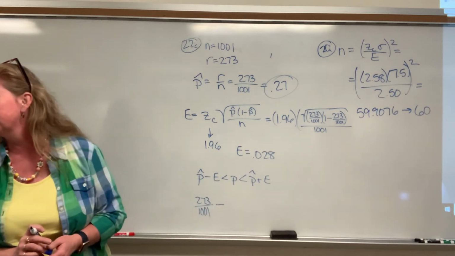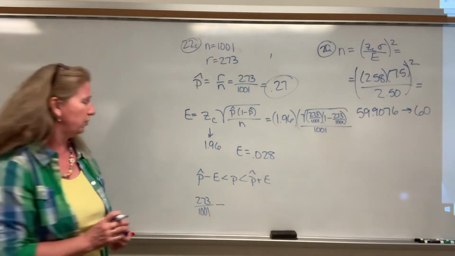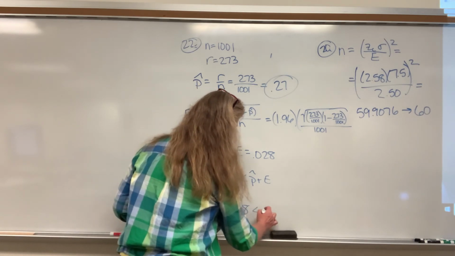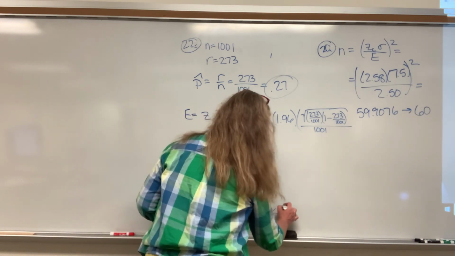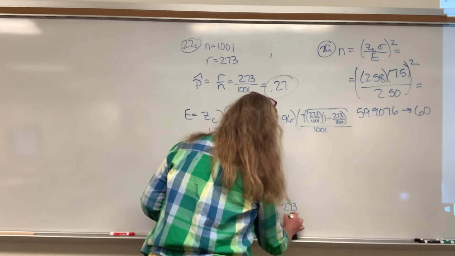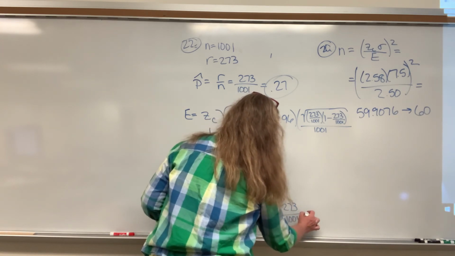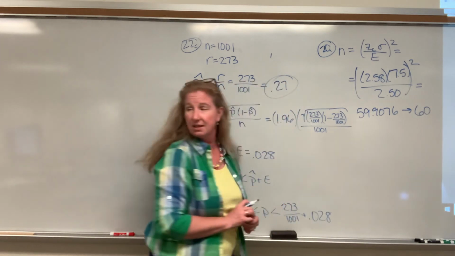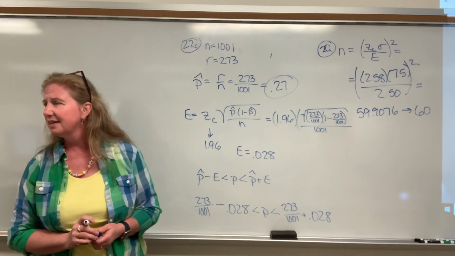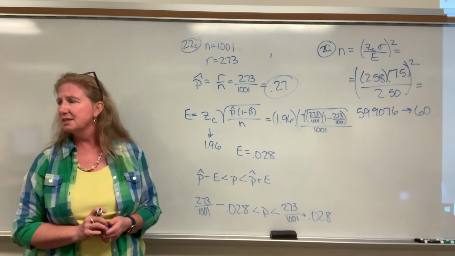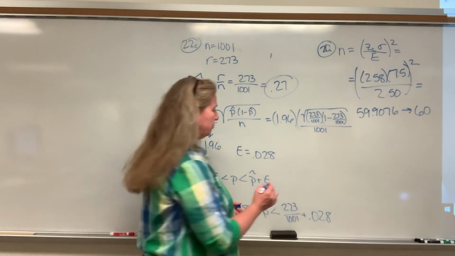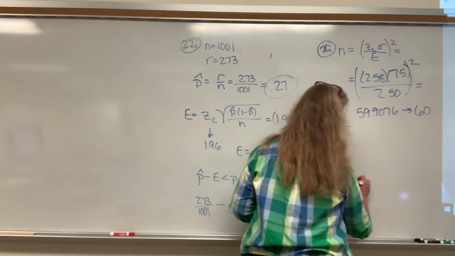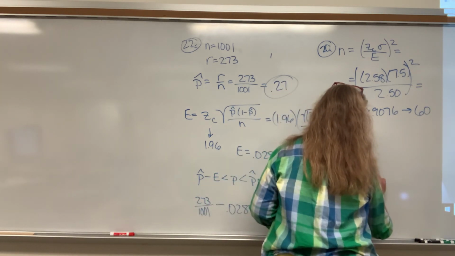I'm going to round the error for the sake of writing it out. 0.028 is less than P, which is less than 273 over 1,001 plus 0.028. So that interval is 0.24 to 0.298. So 0.24 is less than P, which is less than 0.298.